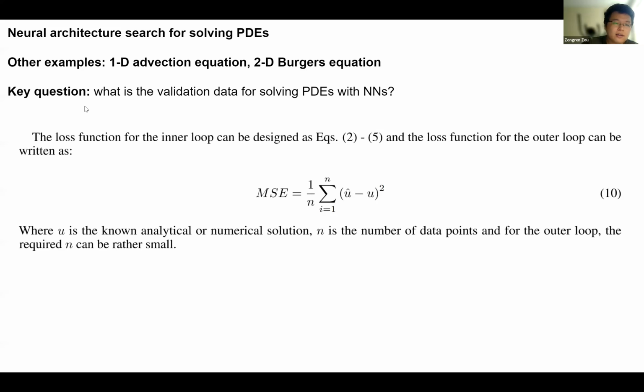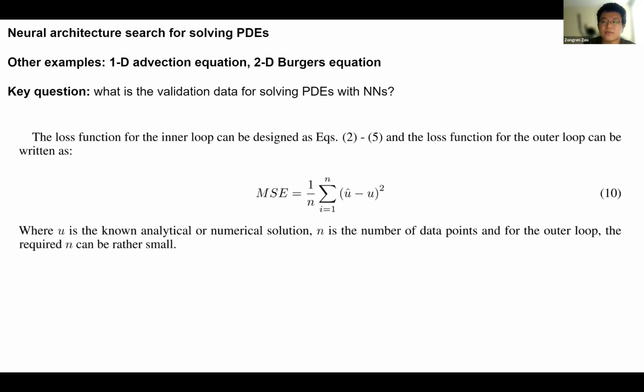The key question I really want to discuss is, what is the validation data for PDEs? For PINNs, what are we supposed to do for the validation?